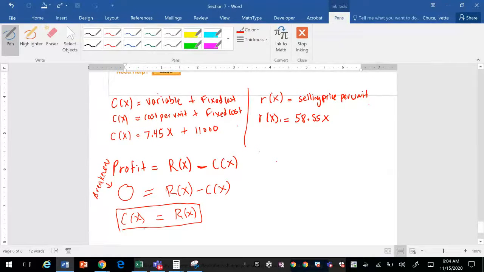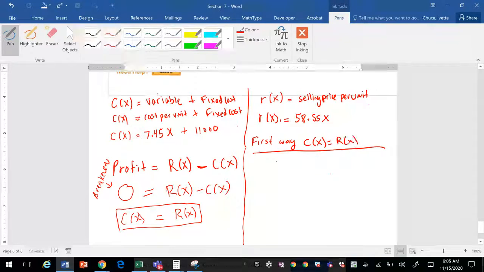Notice the cost is equal to the revenue. There are two ways to do this. The first way is simply using this equation here. The second way is to set up a system. I'm going to use the first way, and I'll write C of x is equal to R of x.